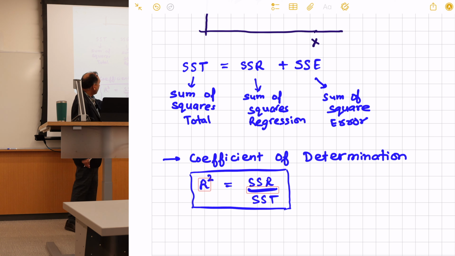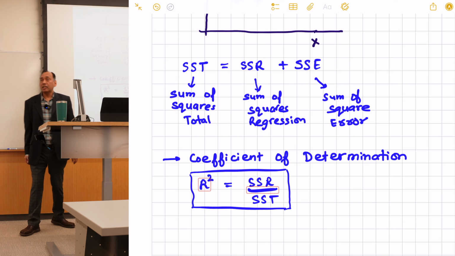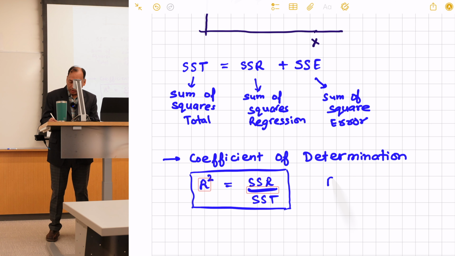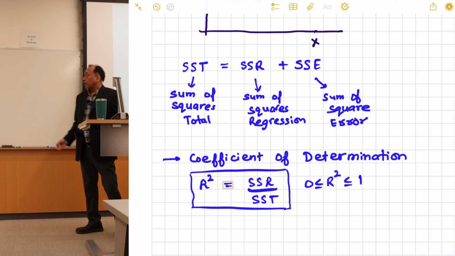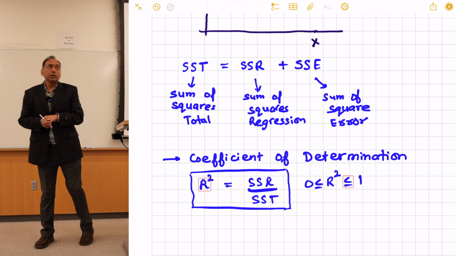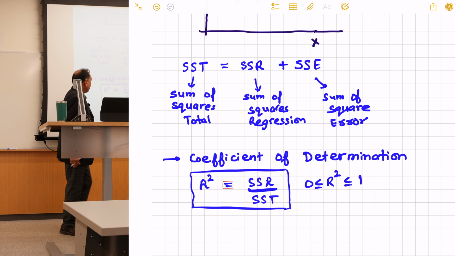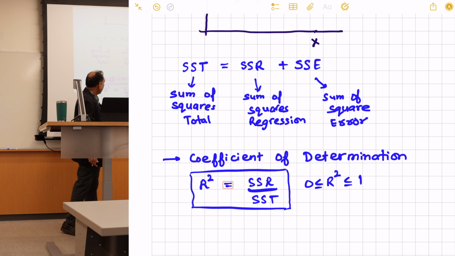So SSR is always going to be less than or equal to SST, which means R square, the maximum value for R square is 1. R square is usually between 0 and 1. 0 because it cannot be negative. It's a square, you cannot get a negative value. But it cannot be more than 1 because SSR cannot be more than SST.